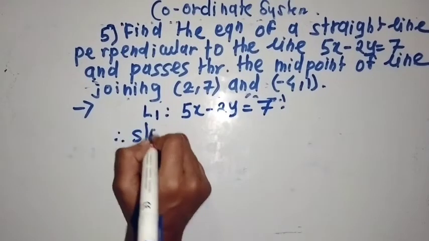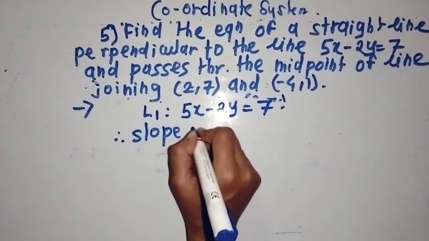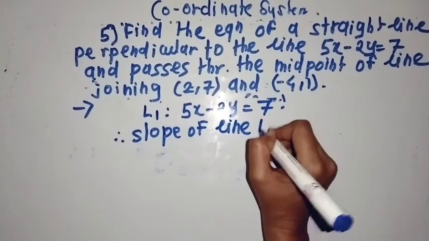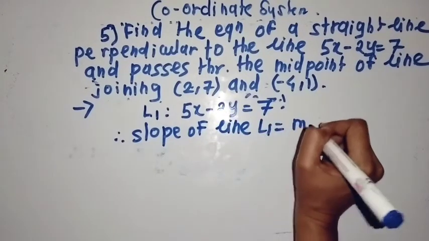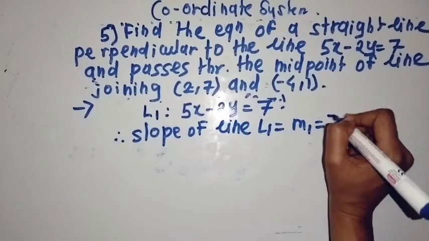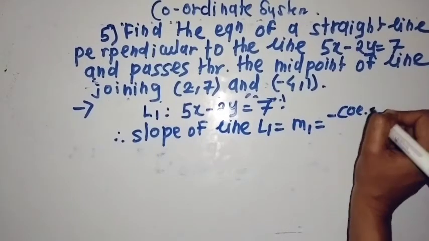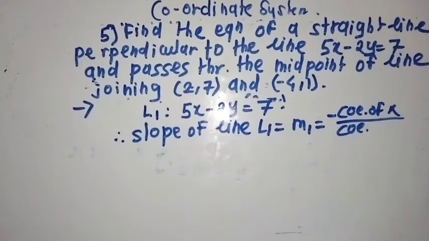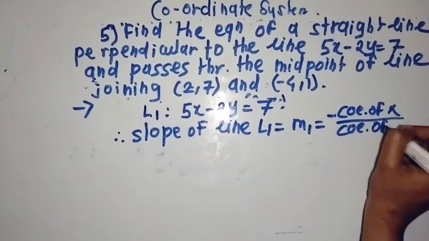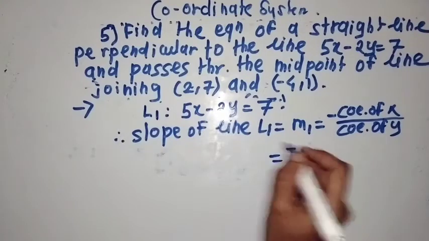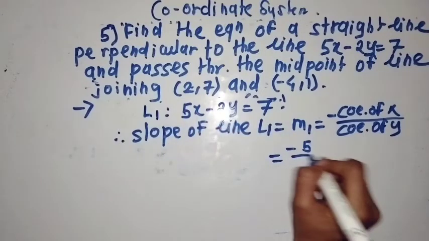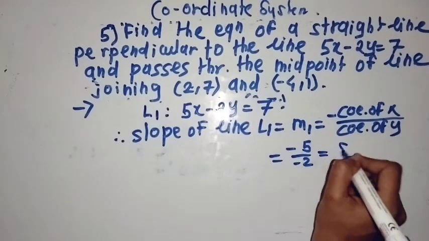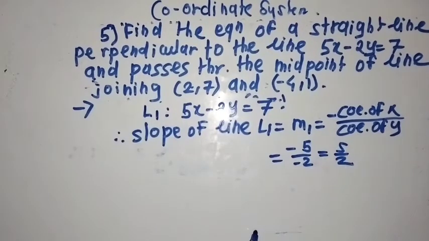First we find the slope of this line. The slope of line L1, m1, is equal to minus coefficient of x upon coefficient of y, so minus 5 upon minus 2 is equal to 5 upon 2.